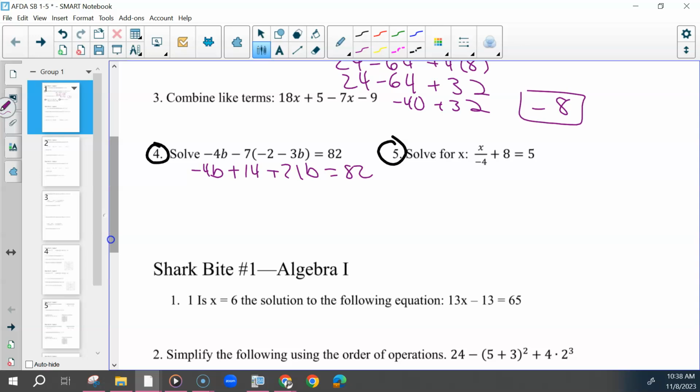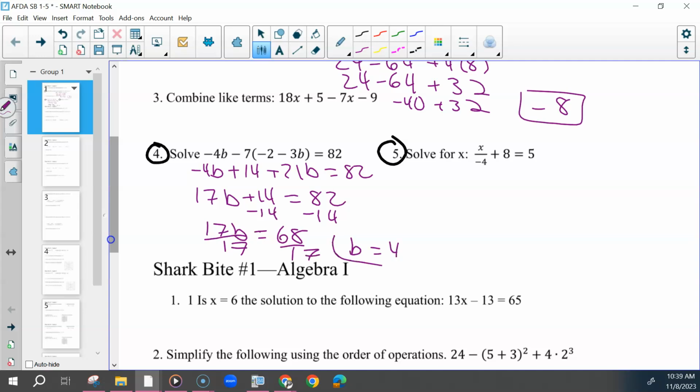Negative 4 plus 21, so 17b plus 14. Then we could just solve. Get rid of 14 by subtracting. And divide. Questions on that one?